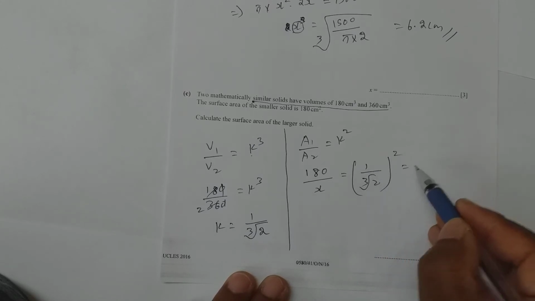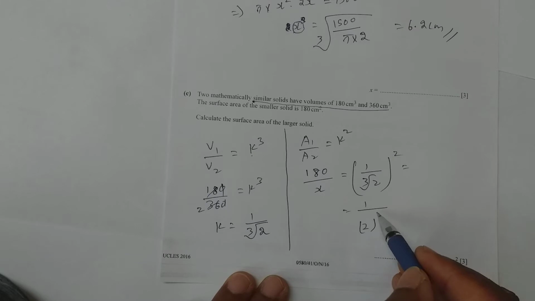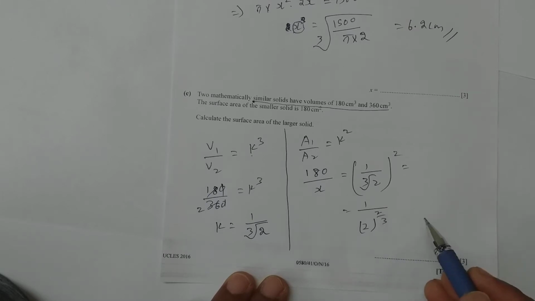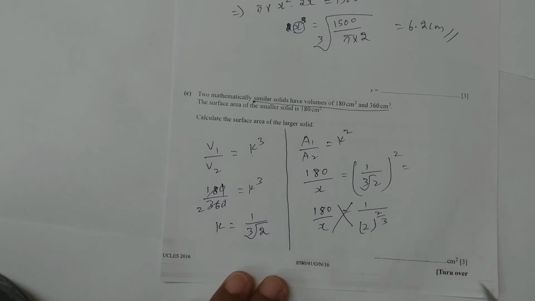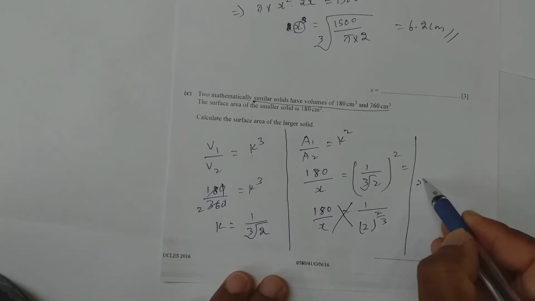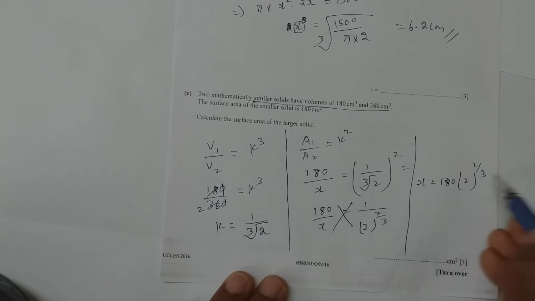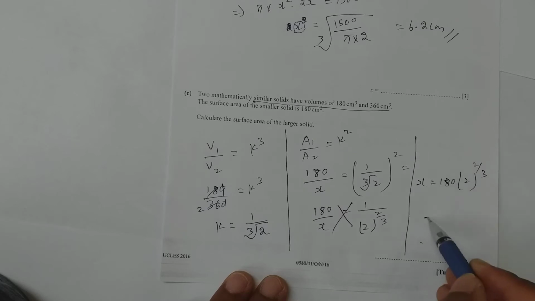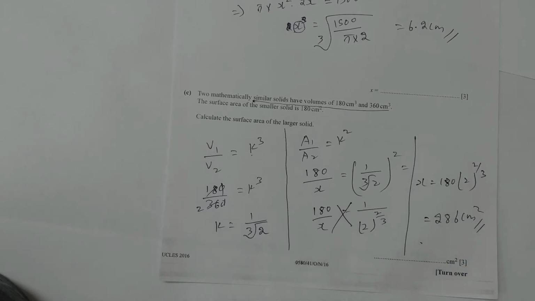So it becomes 1 by 2 power, cube root is 1 by 3, power 2 will be 2 by 3, equal to 180 by x. So cross multiply. So x equals 180 into 2 power 2 by 3. So that will give me 286 centimeter square, which is the surface area of the larger solid.